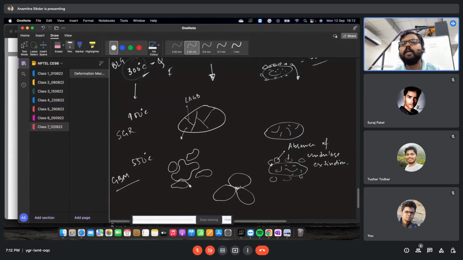You are melting this part and the material is accumulating here. But by the property of this material, if it transforms from solid to liquid, it will increase its volume.